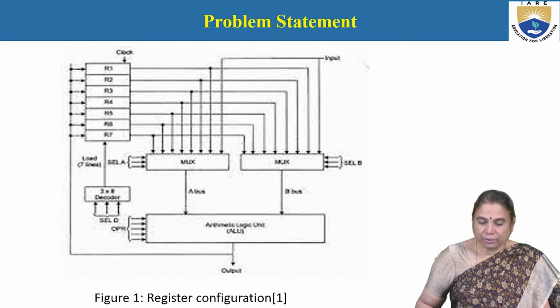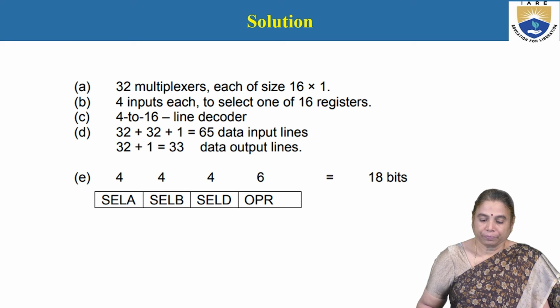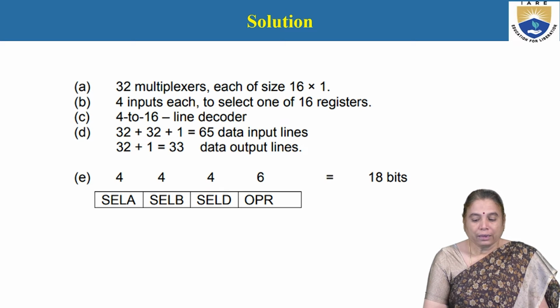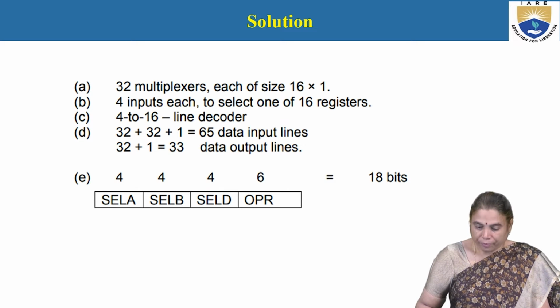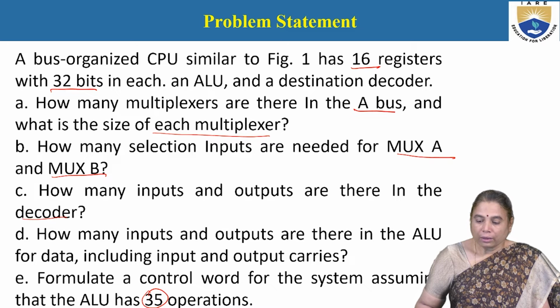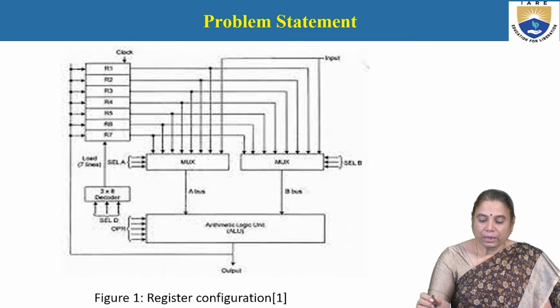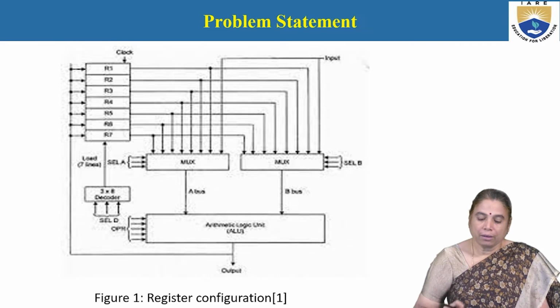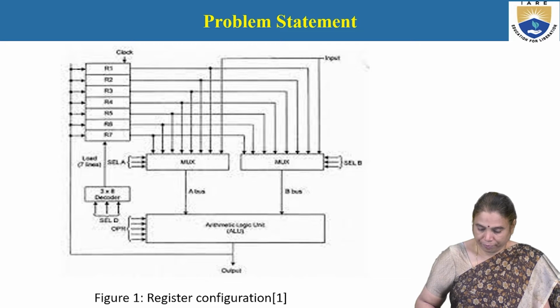So the solution for this problem statement is, the first one is here: 16 registers with 32 bits in each. Each bit has to be connected with a multiplexer.